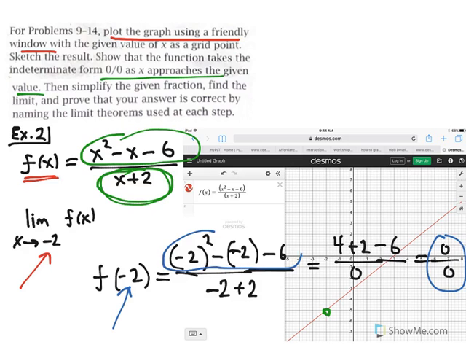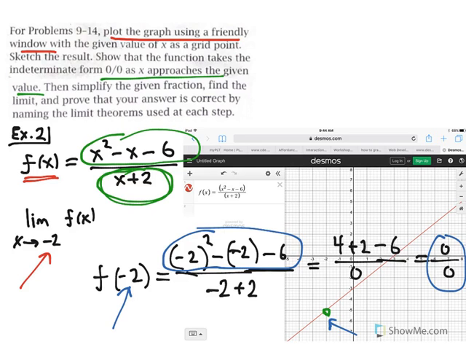If the numerator had not been 0, then you would have a vertical asymptote for the graph at x is equal to negative 2, rather than a gap in the graph at x is equal to negative 2.